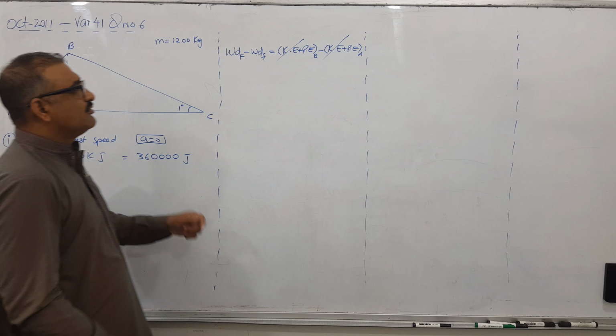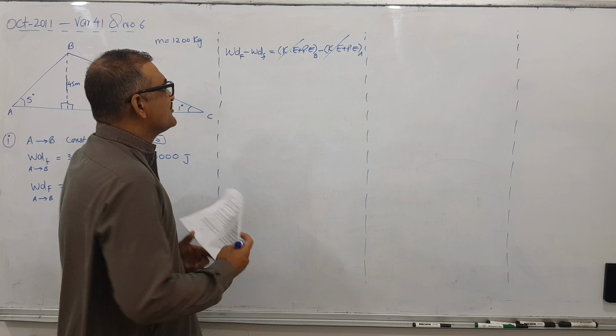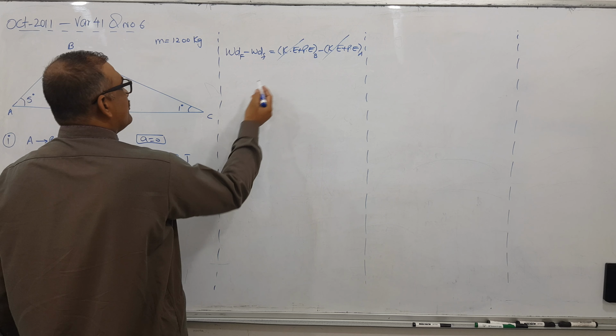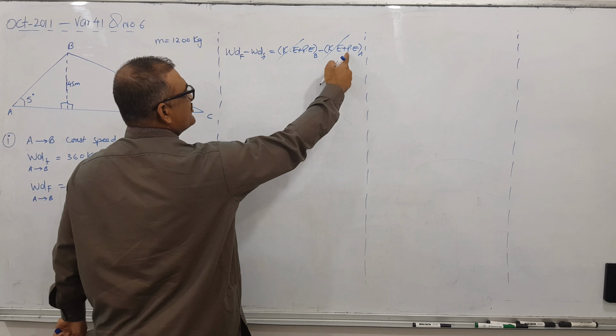Why do they cancel? Because half mv square and half mv square are both the same. And you know that potential energy at A, with ground level, is 0.